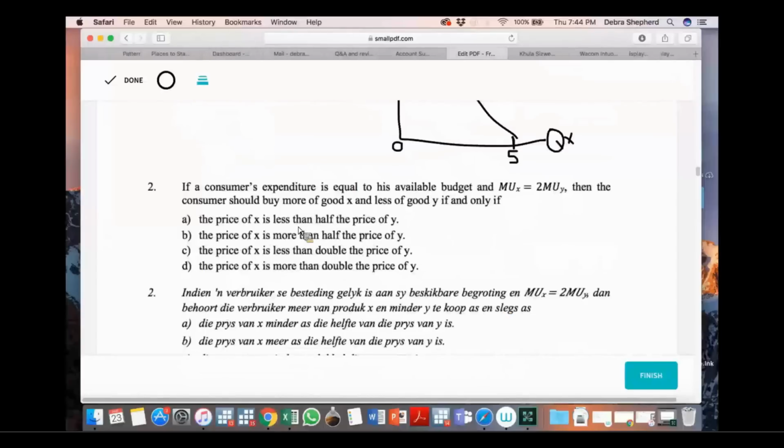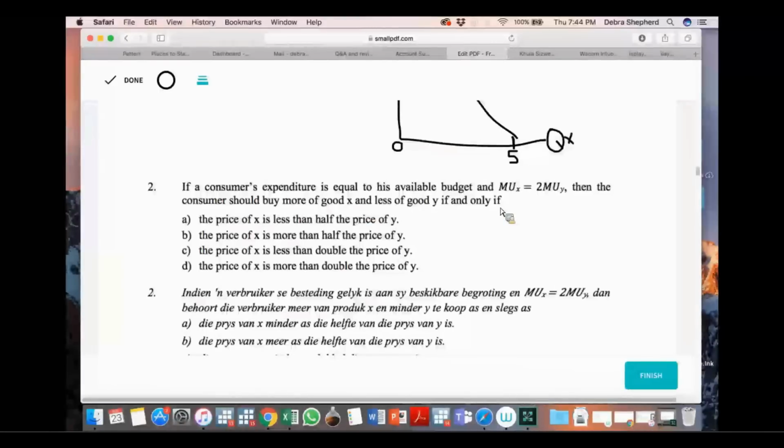Question 2 then says, if a consumer's expenditure is equal to his available budget and marginal utility of X equals 2 times marginal utility of Y, then the consumer should buy more of good X and less of good Y if and only if.